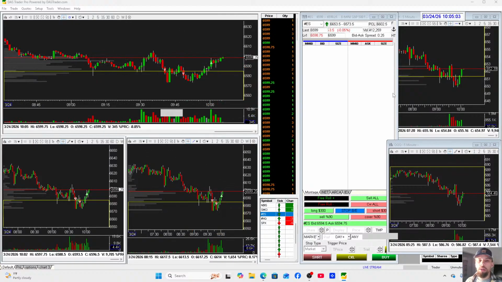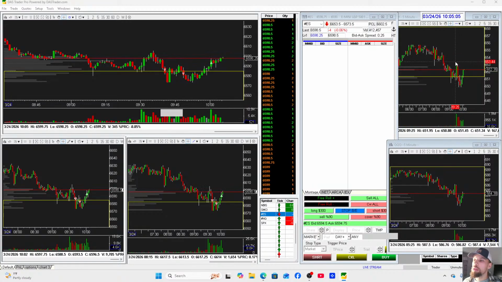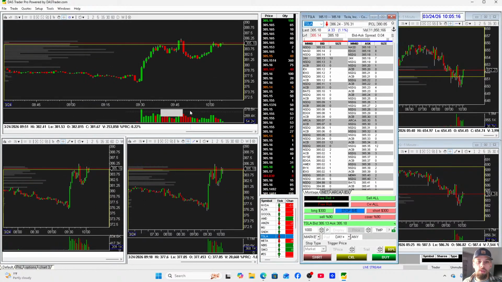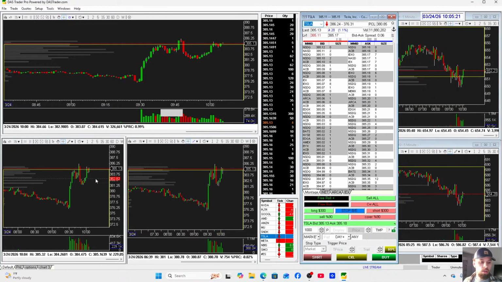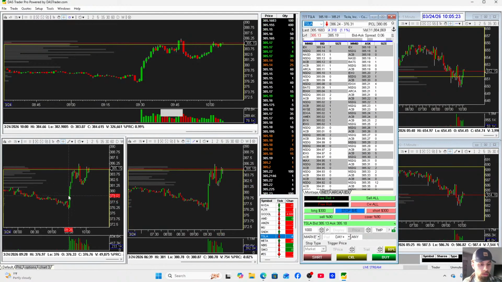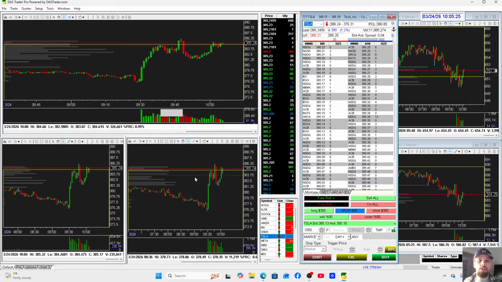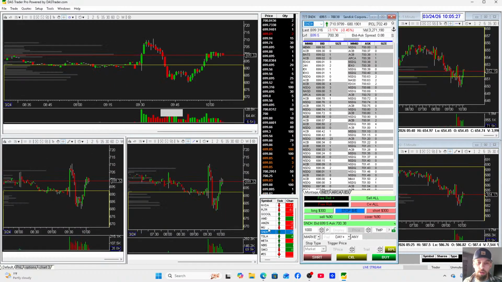Alright, SPY Qs look like they're trying to squeeze up through this area of resistance here at the open. See what Tesla's up to. Tesla, man, that thing shot out like a cannon. That thing launched.